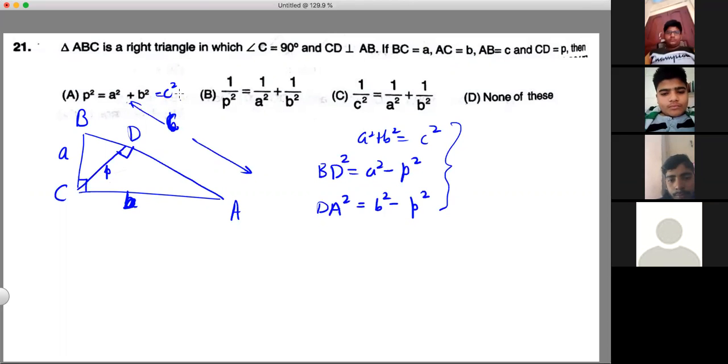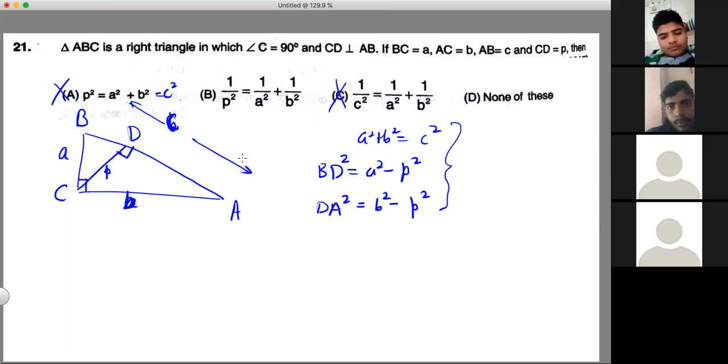That is very clear to everyone, because c is the longest side. So this is definitely not true. Now we know a square plus b square is equal to c square, so this is also not true. Now we are only left to check one.